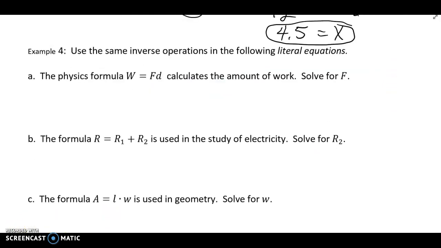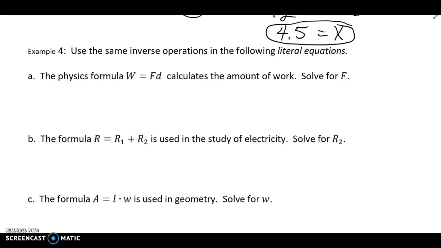All right, so now we're going to finish up today solving what are called literal equations. Literal equations are equations that have more than one variable in them. It's important to understand that we're only going to be asked to solve for one of those variables in the equation.